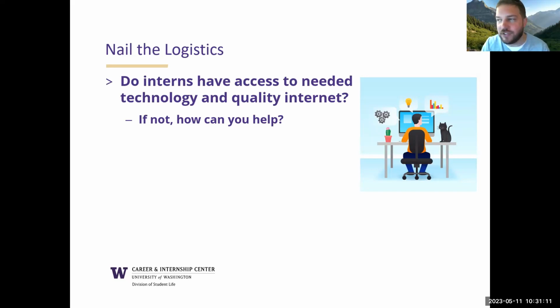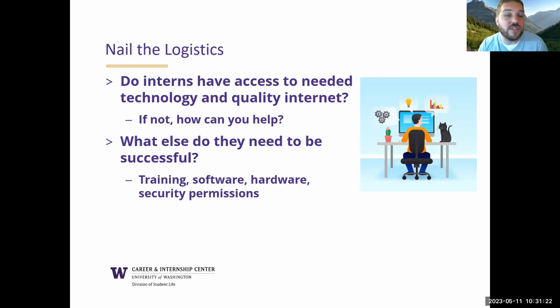So questions to ask yourself in a virtual internship environment: do interns have access to everything they need to do the work? Do they have a laptop? Do they have access to high quality internet? Do they need software programs? Do they need to do specific trainings? Do they need a login permission to our security protocol? Whatever the thing is for your particular project, for your internship, for your organization, think through those logistics before the intern starts on day one, so that you have a plan during onboarding to get them set up for success.